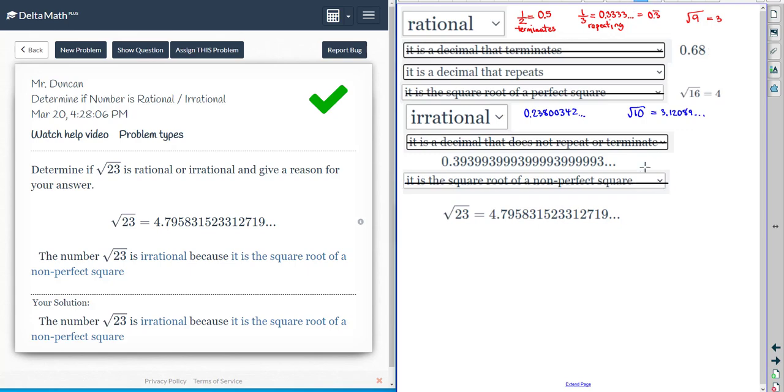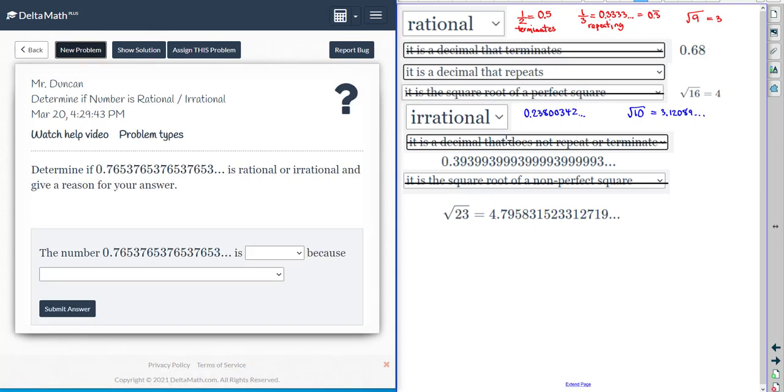All right, so let's look for the last example. We're going to look for a decimal that does repeat. Okay, I kind of hinted that we're already going to get this one. This is going to be an example right here of a decimal that does repeat. So note, I want to just point out the repeat. It's 7653, 7653, 7653.